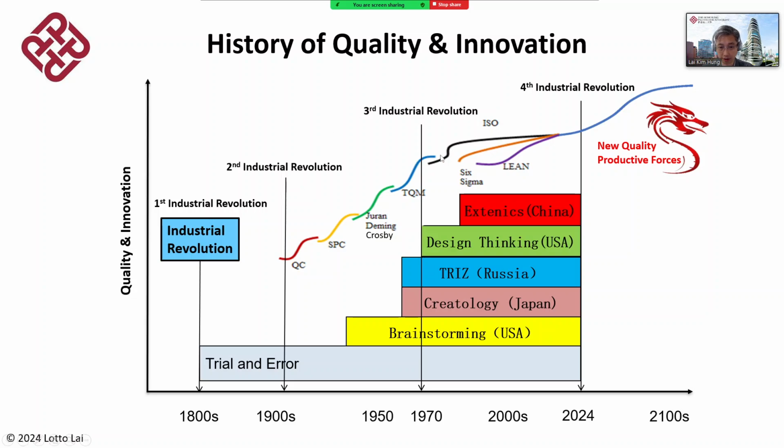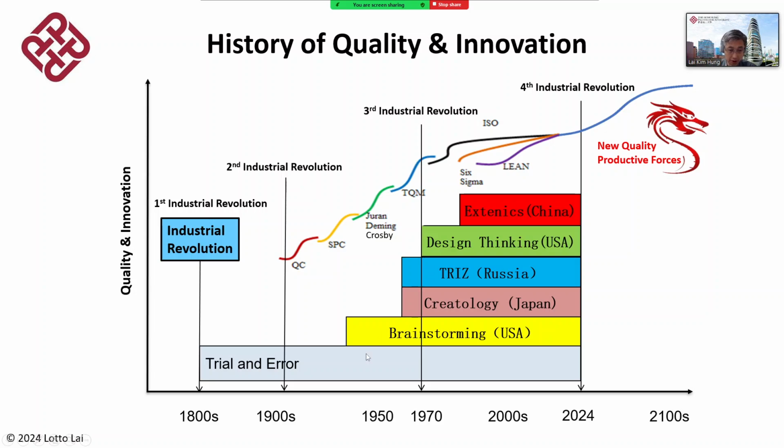Until 1970, the third industrial revolution, we have ISO 9000, Six Sigma coming, and Lean. After this, we are going into the fourth industrial revolution. In China, the new quality productive forces were proposed.